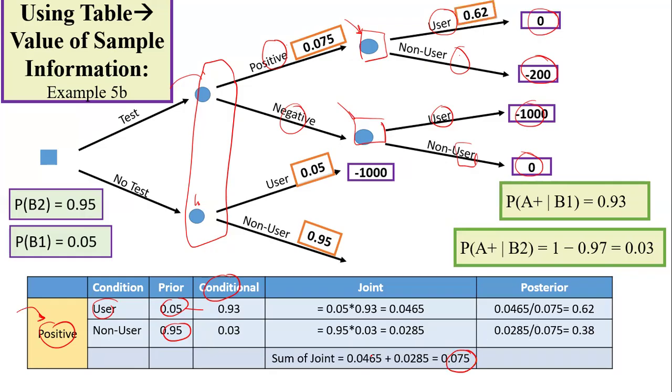The posterior probabilities are, so the probability that he is a drug user given that he is positive is 0.62. We already found it earlier. So not a drug user, so add them together. This is basically tested positive.